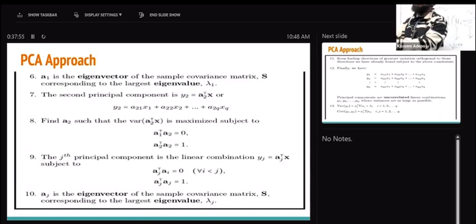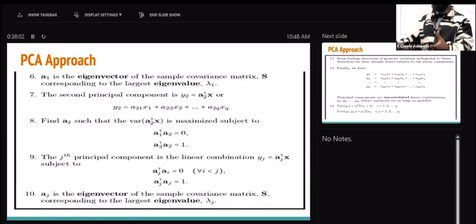Largest variance means largest contribution. Largest contribution actually means that even though I've reduced the dimensionality in my data set, I'm still able to retain the largest amount of information in the old variables.